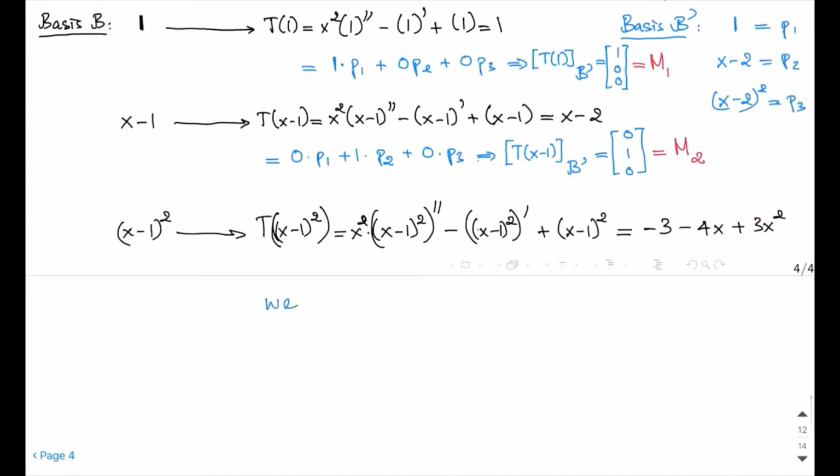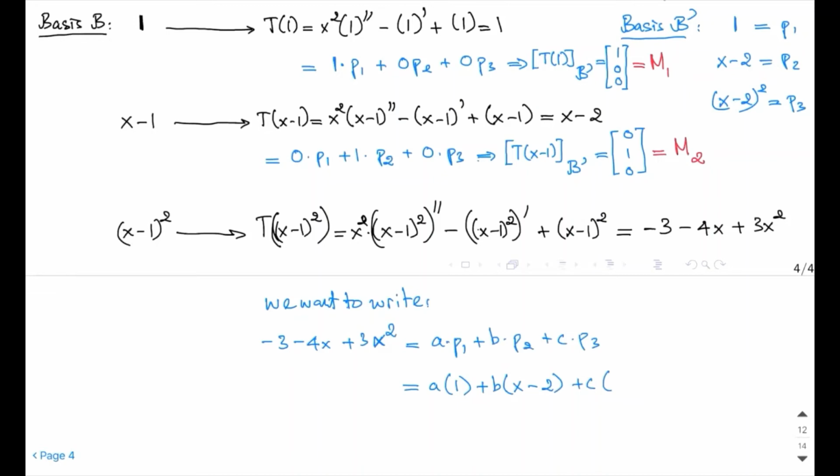So we want to write negative 3 minus 4x plus 3x squared as a times P1 plus b times P2 plus c times P3. That means we want a, b, c such that a times 1 plus b times x minus 2 plus c times x minus 2 squared is equal to the left hand side.